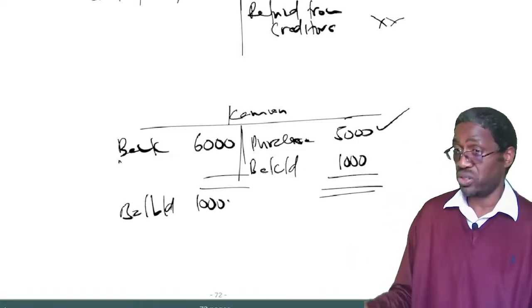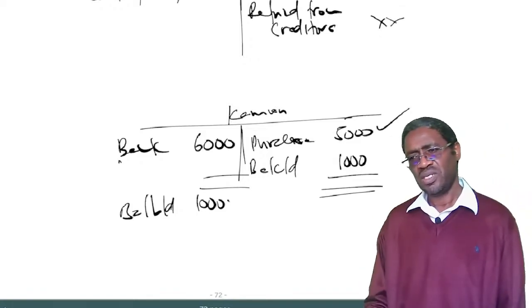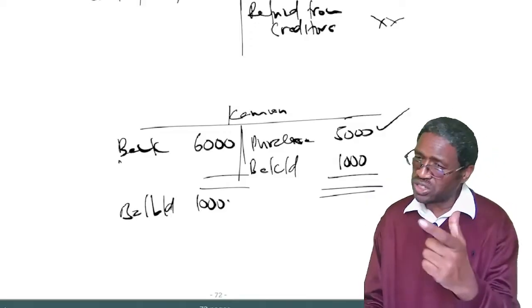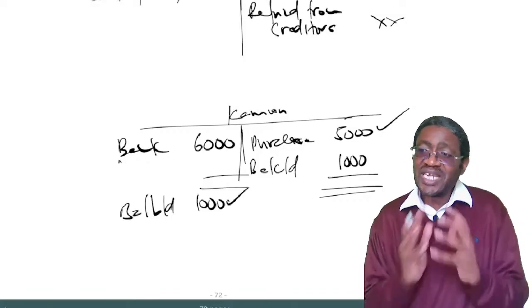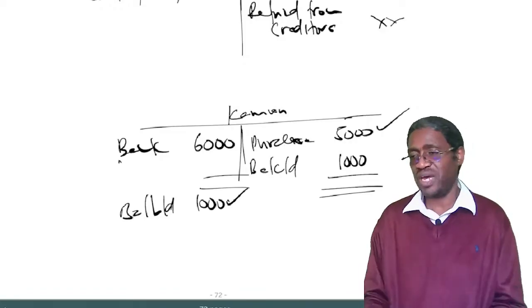So anytime you as a business overpay your creditors, though it's rare, it may happen that out of your many creditors, there is one you overpaid. When you overpay your creditors, their account will now be a debit balance, meaning it's an asset. You are demanding from them now.